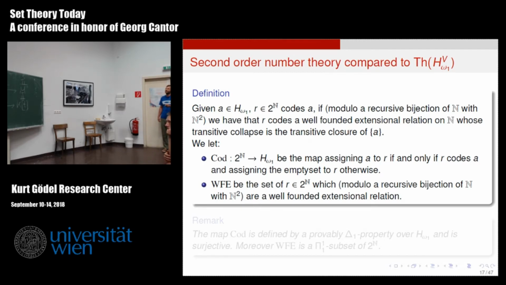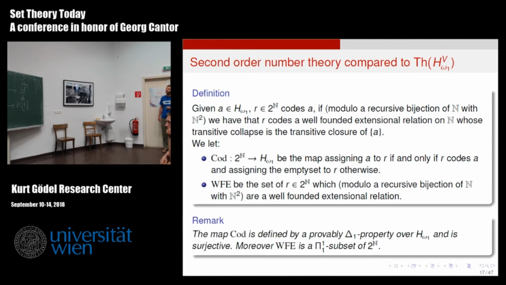You can code any element here inside the power set of n, assigning to any A the graph of the transitive closure of the singleton of A, identifying H omega 1 with a Pi 1 1 subset of 2 to the n. Okay? And this map code is defined by an absolute operation. It's probably a Delta 1 property.